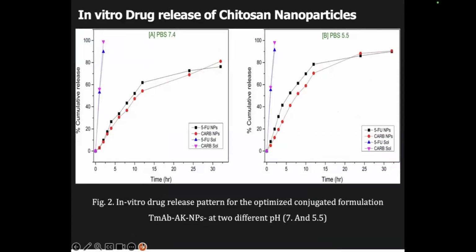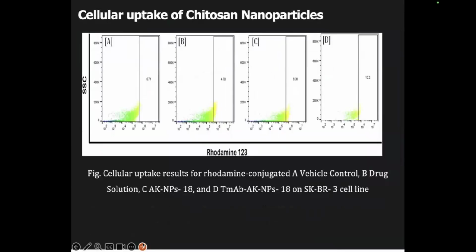The in vitro drug release study was performed at two pH, 5.5 and 7.4. The maximum drug release was found at pH 5.5, which indicates that the functionalized nanoparticle shows the maximum drug release at acidic pH.